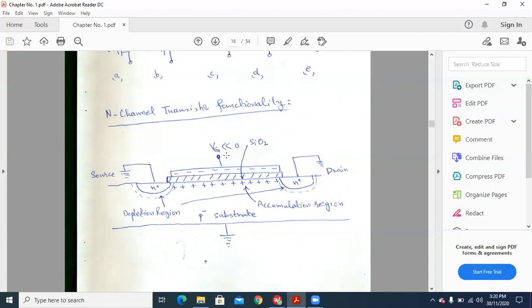The gate voltage would be positive to turn on the transistor. Initially the gate voltage is less than zero, and due to this negative voltage there is an accumulation of negative carriers here, and we have the positive carriers here.